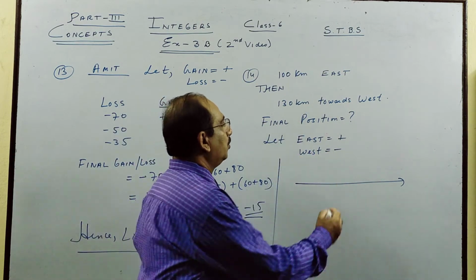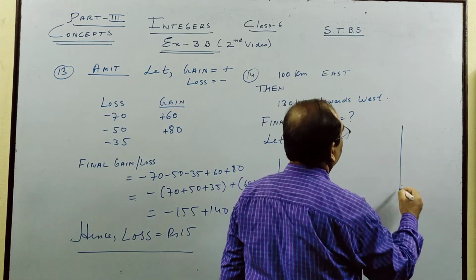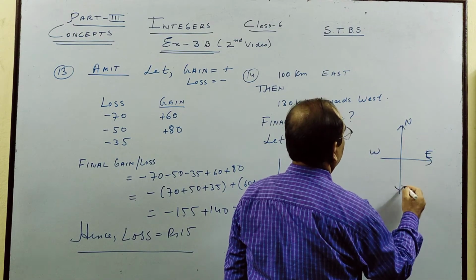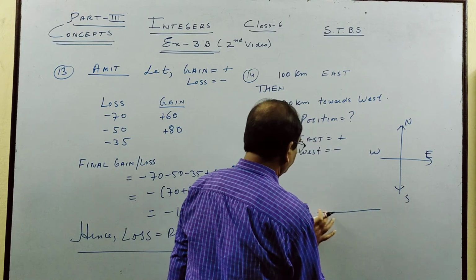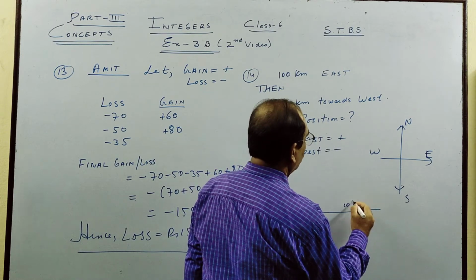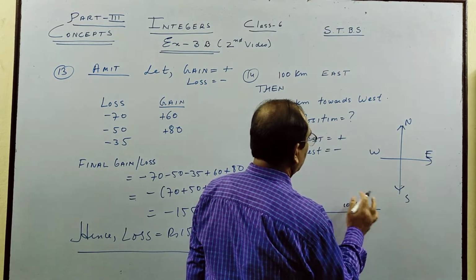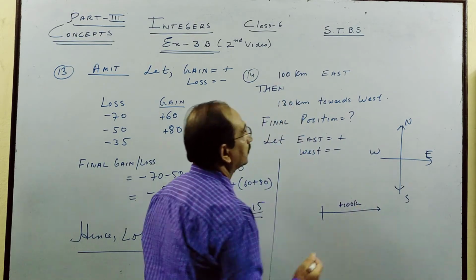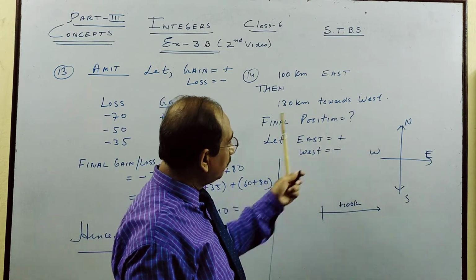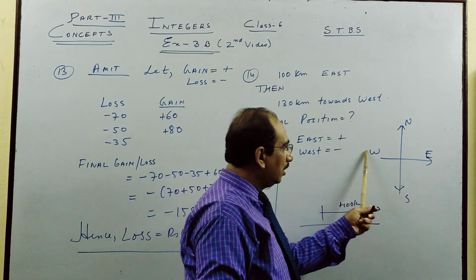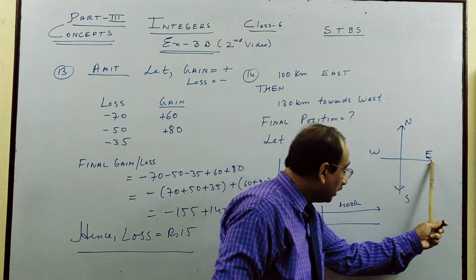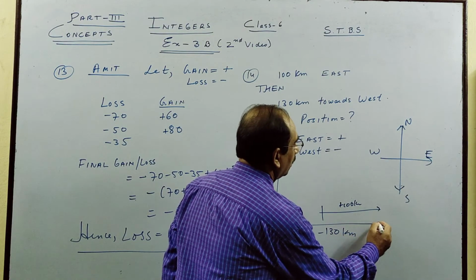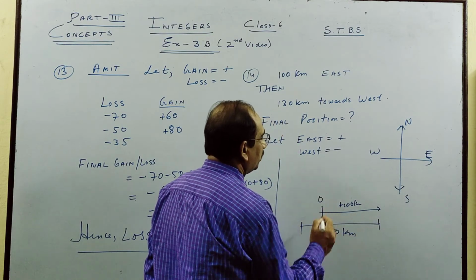Last question. A person moved towards, so let us take geography: east, west, north, south. A person moves 100 kilometers towards east. He goes from here towards east. Let it be positive. He comes back 130 kilometers towards west. East he goes plus, comes back 130 kilometers, so this will be minus. So from here he returns here. Let this be 0.